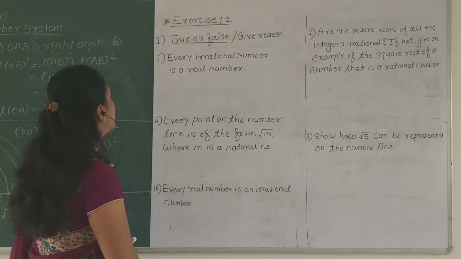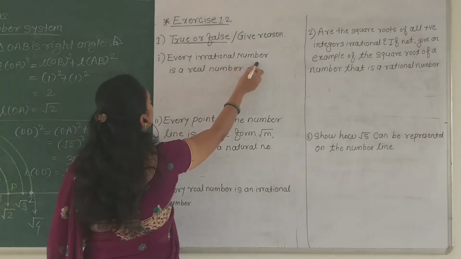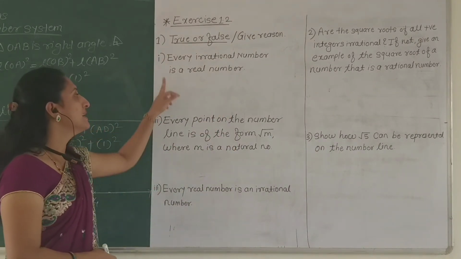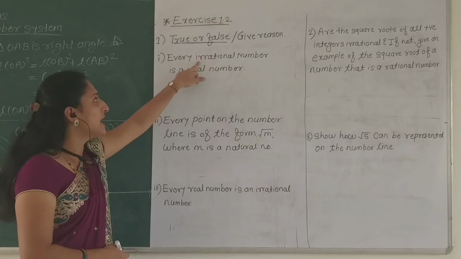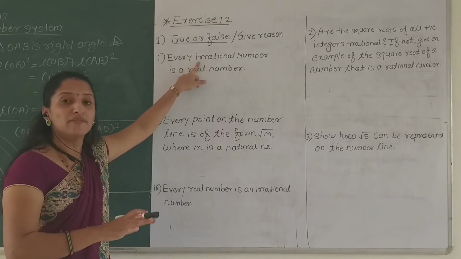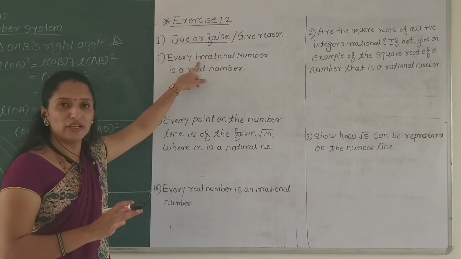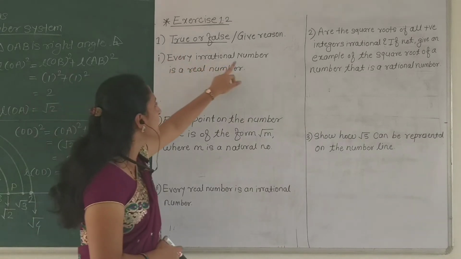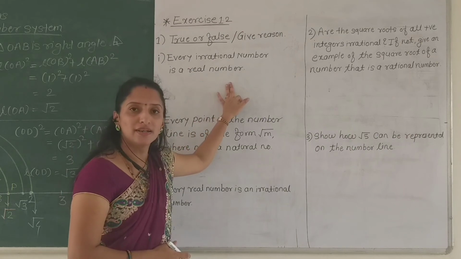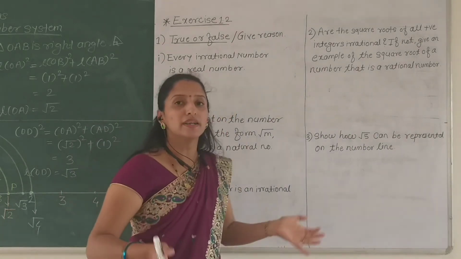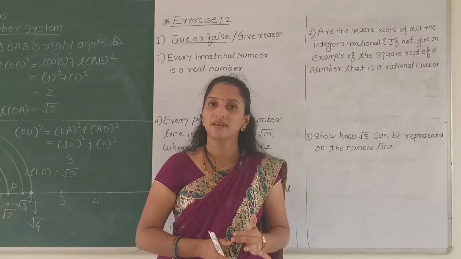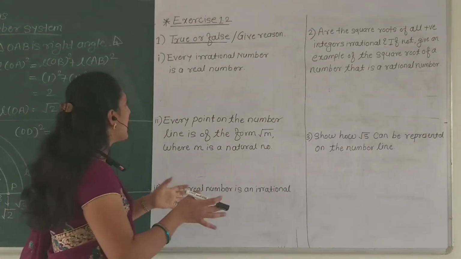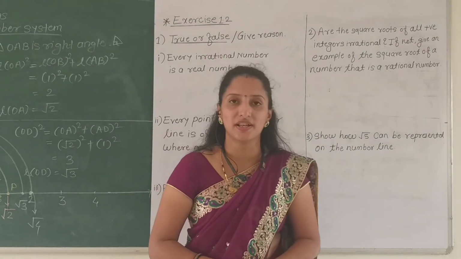The first statement is: every irrational number is a real number. Now, irrational numbers are the numbers which are not in the form of p by q. So is every irrational number a real number? Real numbers contain all the rational numbers and irrational numbers.